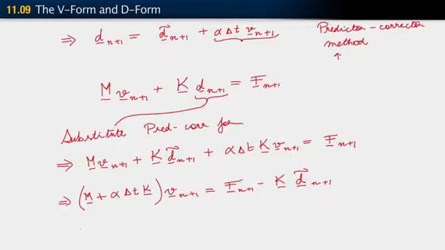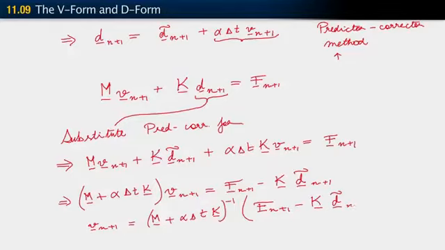Right, so basically we solve it's this inverse acting on Fn plus 1 minus k d tilde n plus 1. Okay?